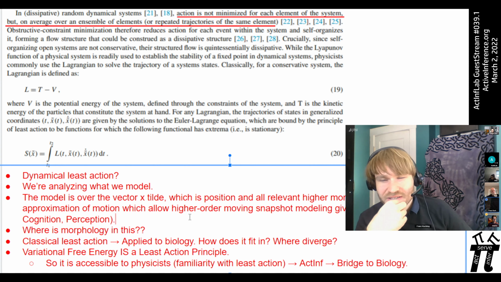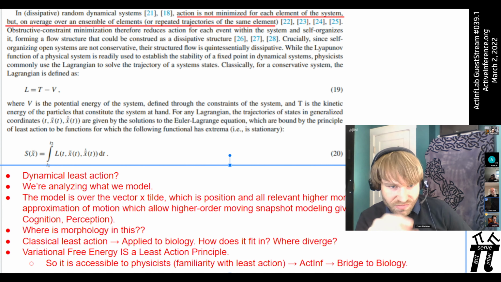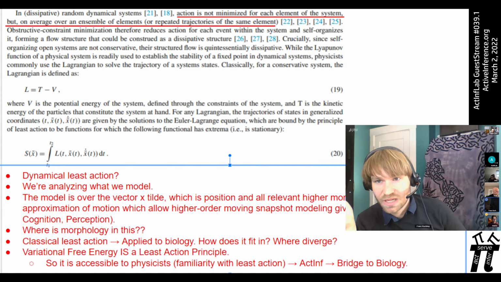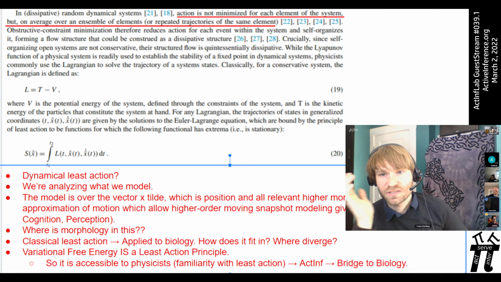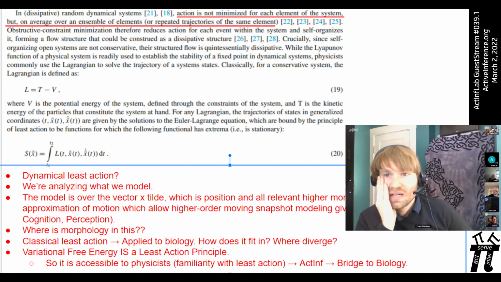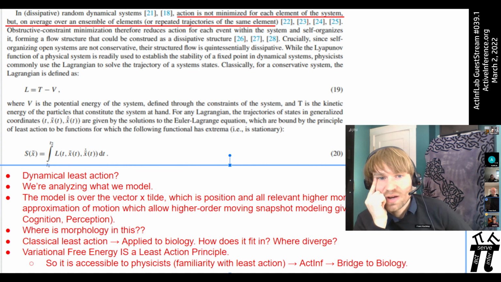So that answers your question. The point was not that I used that particular least action equation. I did use the typical equations that Karl uses for his variational free energy. It's more of a motivation, and I hope it shows where this all flows from.